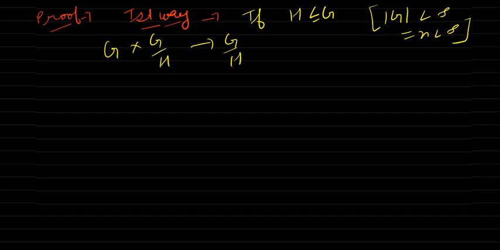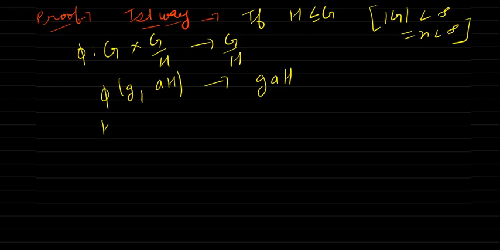Suppose this map is phi, and phi takes the element g and gH and sends it to an element of G/H again in the following way. This is the natural way we can define it, just the same as example 2.